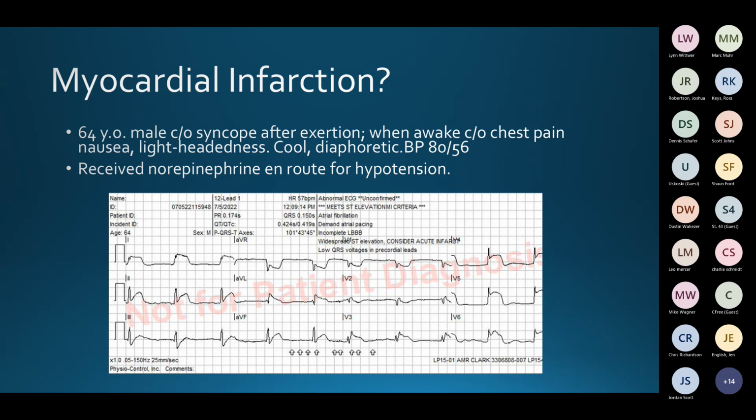But don't always overread your machine, because the machine is often wrong and doesn't put it into the context of the patient. They did call it an incomplete left bundle branch block, which I don't agree with. It actually measures out wide enough to be a left bundle branch block.